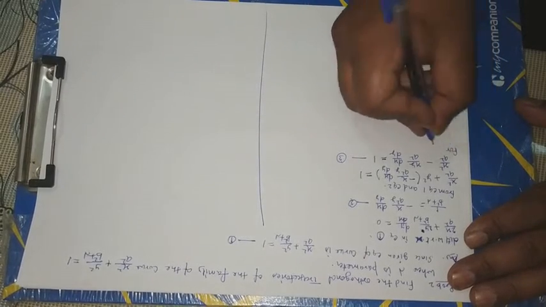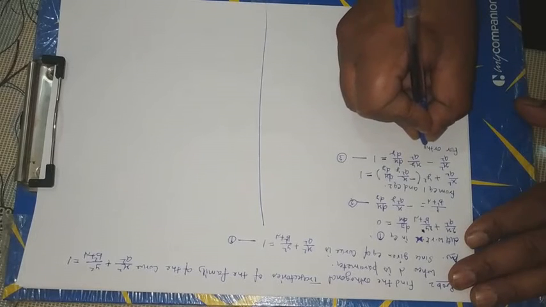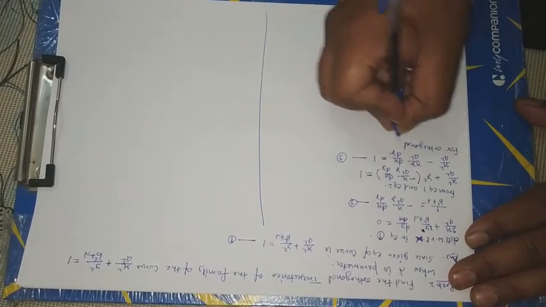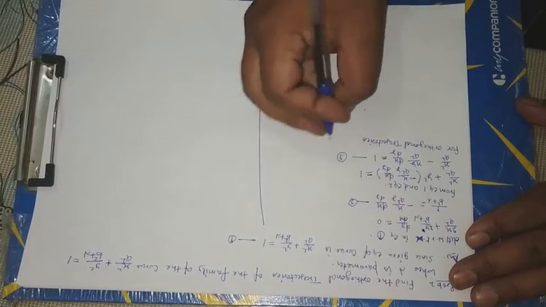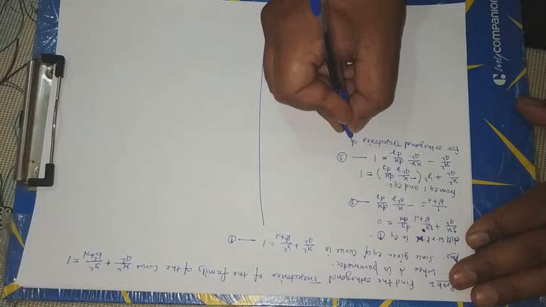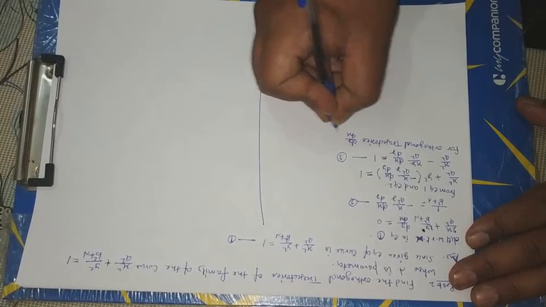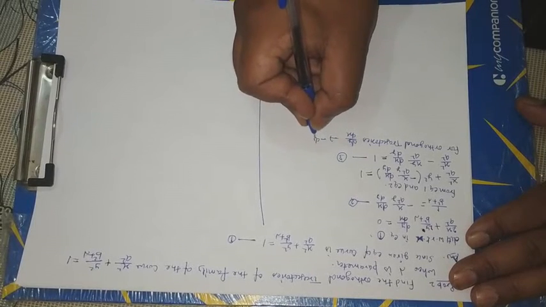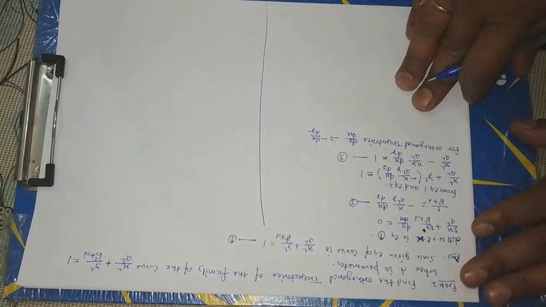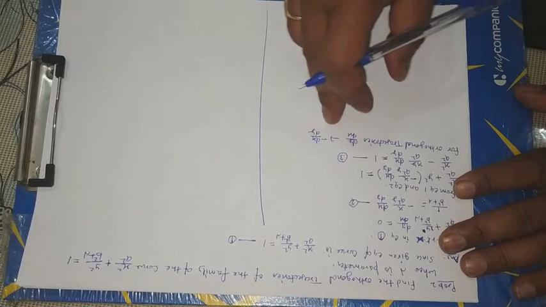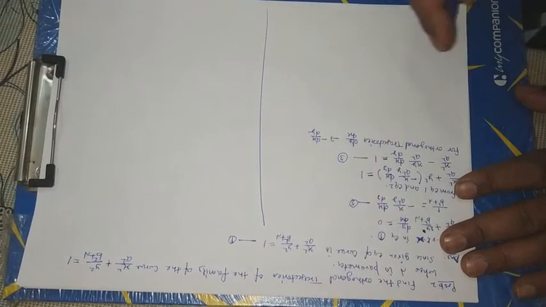For orthogonal trajectories, dy upon dx is replaced by minus dx upon dy, or we can say dx upon dy is replaced by minus dy upon dx here.